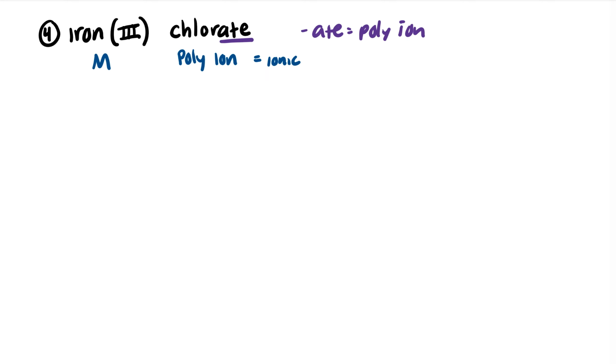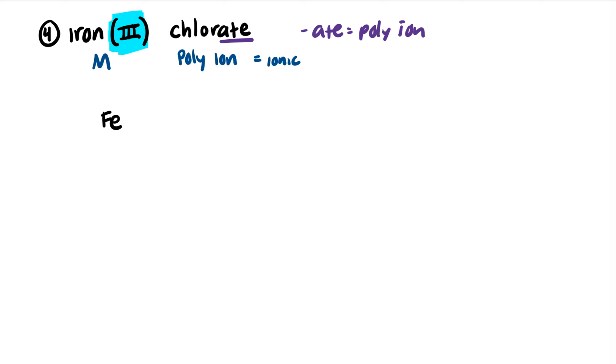So we start with our iron. Iron is Fe. And you'll note that I have a Roman numeral 3 in parentheses. That's because iron is a transition metal, and recall that transition metals, their charges vary. So we have Roman numerals that tell us what charge that particular transition metal is going to have in that particular compound.